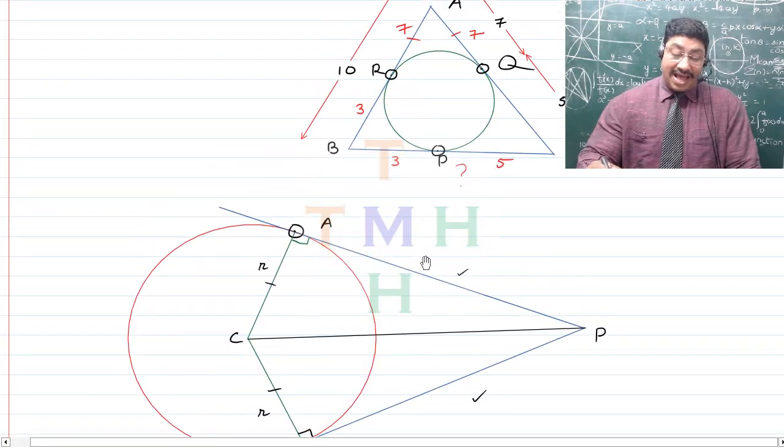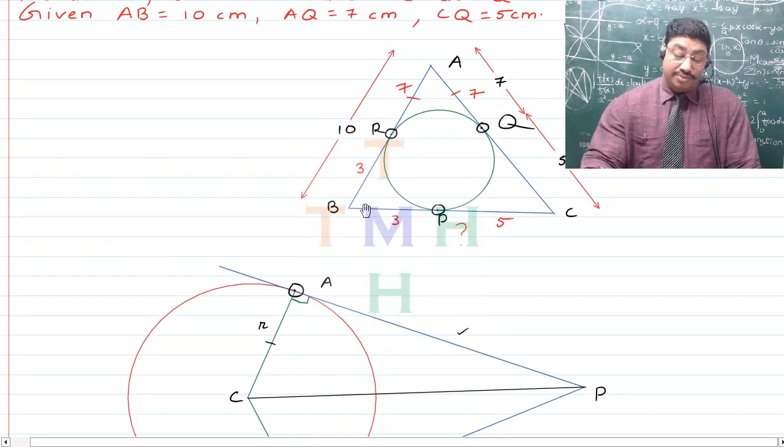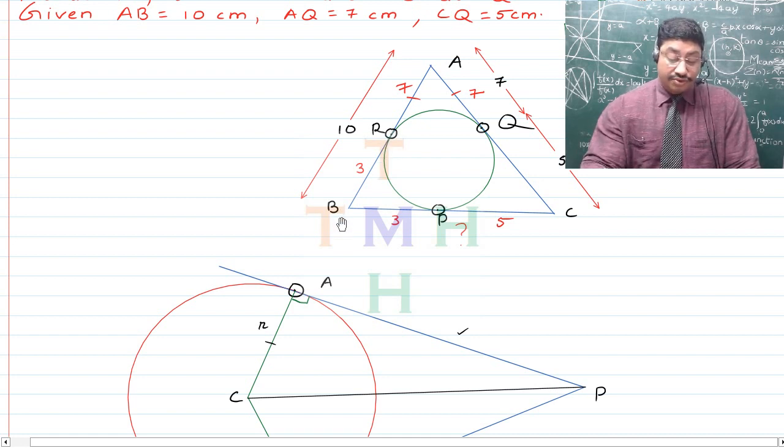And now next, as we've been given the length of AB to be 10, AR has been given to us to be 7, as such RB will become equal to 3 and BP will also become equal to 3, because again the point B will act like the external point from which tangents have been drawn, as such their lengths will be equal, right?